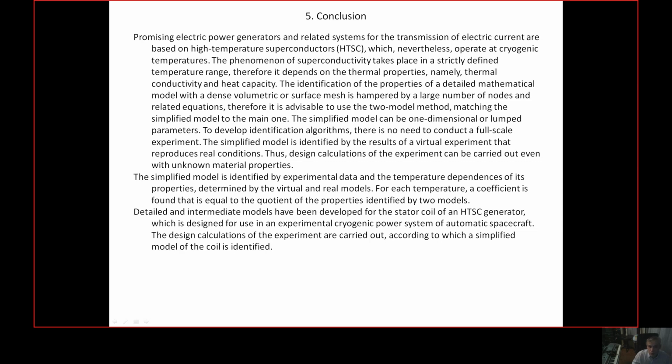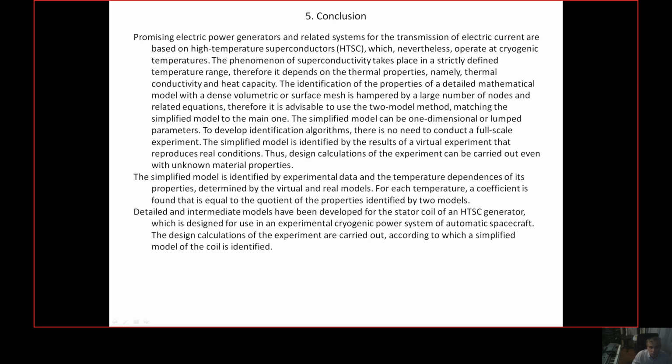Therefore, it's advisable to use the two-model method, matching the simplified model to the main one. The simplified model can be one-dimensional or lumped parameter. To develop identification algorithms, there is no need to conduct a full-scale experiment.